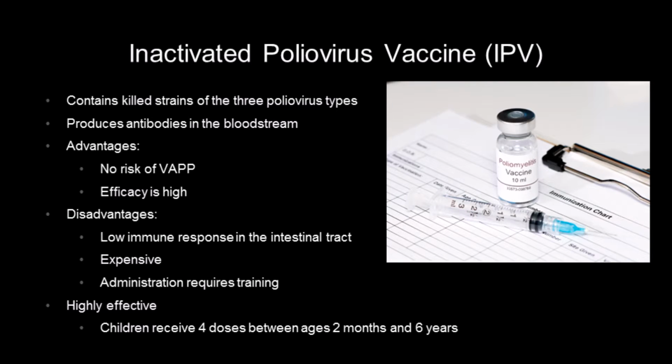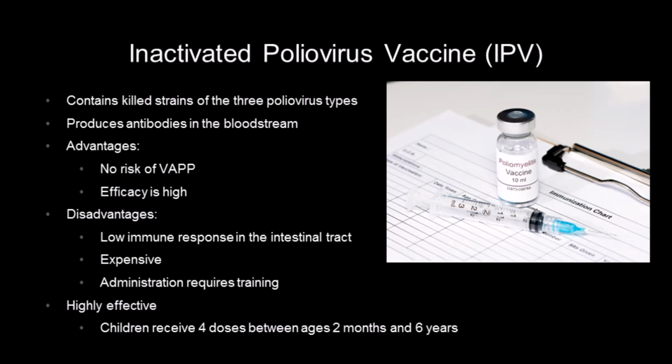So inactivated poliovirus vaccines are a little bit different than OPVs in that they contain killed strains of the 3 poliovirus types rather than weakened strains. These vaccines still produce antibodies in the bloodstream, and there's no risk for VAPP because they are killed strains of the virus, and they are proven to be highly effective.